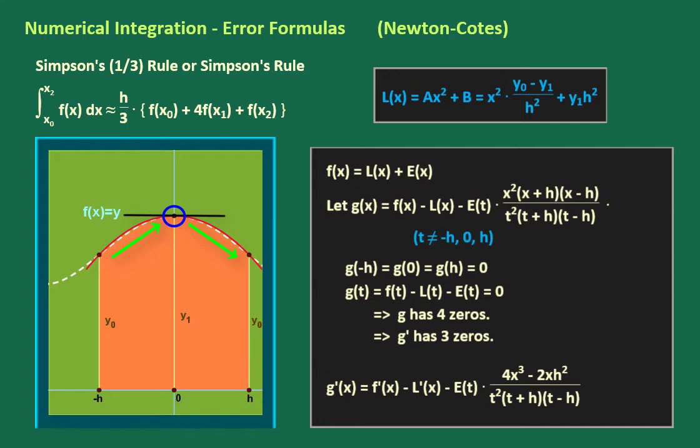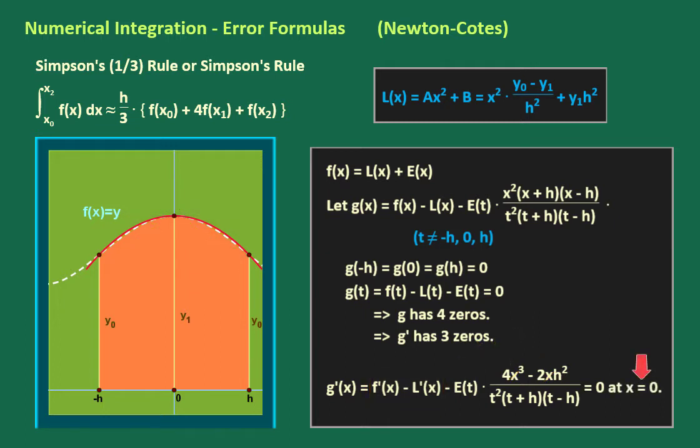The argument is almost exactly the same if the function starts out decreasing to the left of x equals 0, in which case it will have to be increasing to the right of x equals 0. So f prime of x and L prime of x are both equal to 0 at x equals 0. Plugging in 0 for x in the third term ends up being equal to 0, and so g prime of 0 is 0.